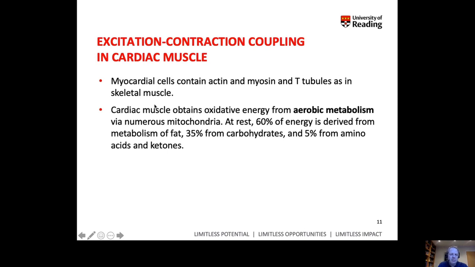Cardiac muscle obtains oxidative energy from aerobic metabolism, so they're high in mitochondria. At least 60% of energy is derived from the metabolism of fats, around 35% from carbohydrates and 5% from amino acids and ketones. Compare and contrast this with the different fibers that we use in skeletal muscle contraction.